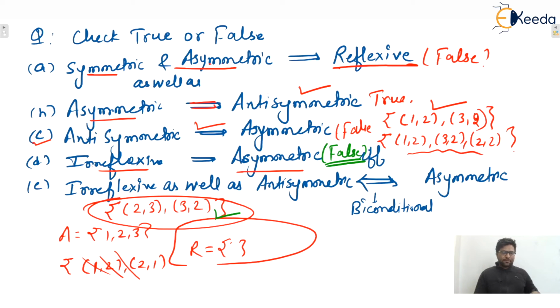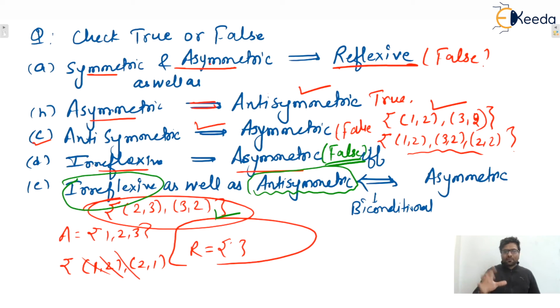Last one, that is the important one. Irreflexive means there won't be any self loop, and antisymmetric means if (x,y) is present, then (y,x) will not be present. Here we can say that yes, irreflexive as well as antisymmetric means the relation will contain no self loop. Also, if there is (x,y), then there won't be any (y,x), isn't it?